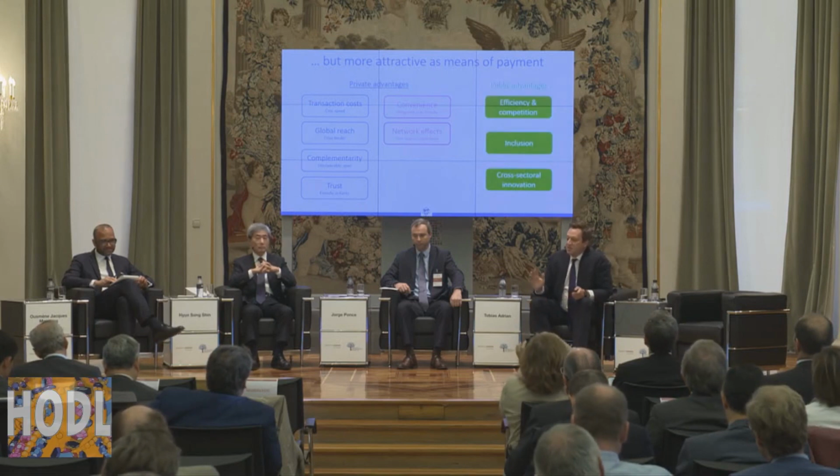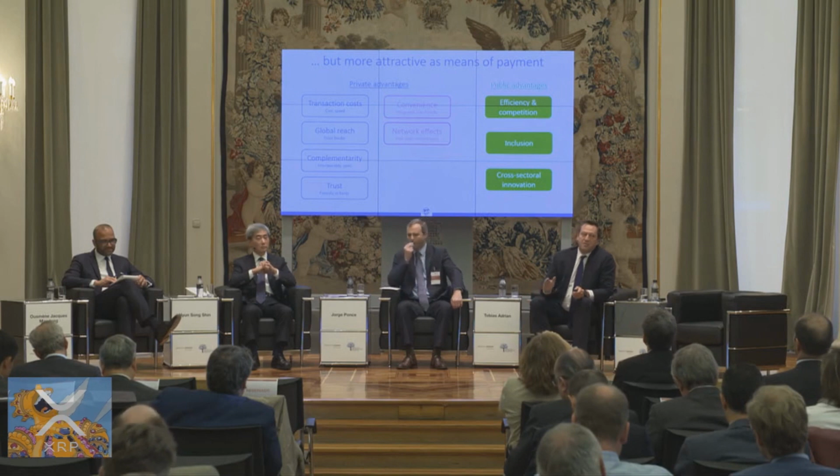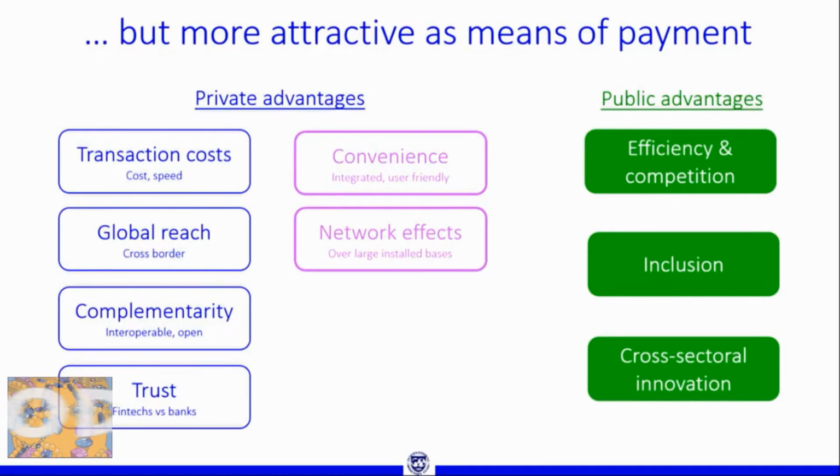Now, I would argue they are not just private advantages. They're not only advantages potentially for you and me, they're also public advantages from a policy perspective. Number one, there's more competition. We like competition. Number two, there's potentially more efficiency because the new technologies are extremely cost efficient. Writing code, from what I hear, writing code to create a new currency is something like 2 or 3 lines based on the Ethereum technology.